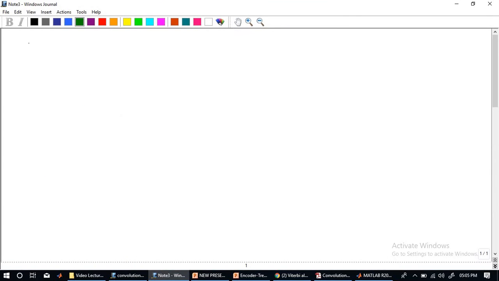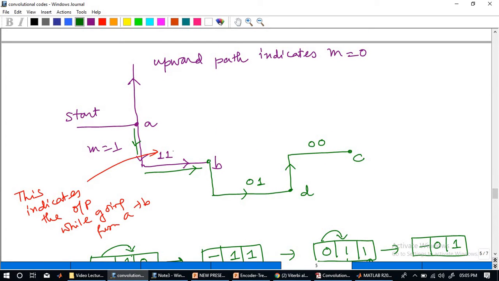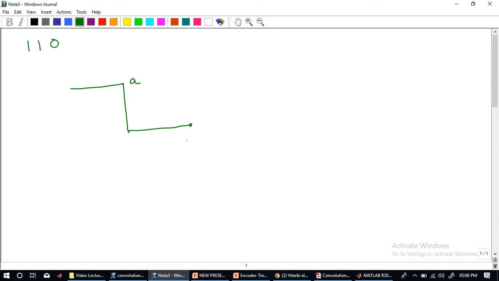So, 110, this was my input. I'll go this way. This is my A. I'll go down and reach a point here, which was B. So I reach this point.